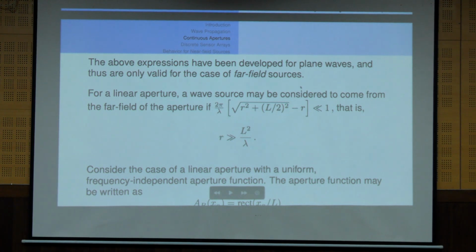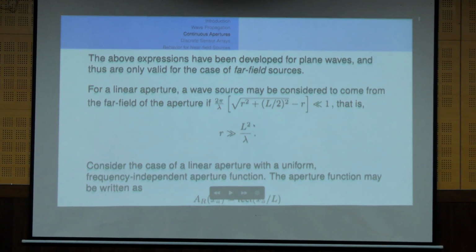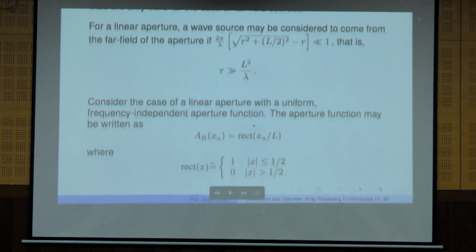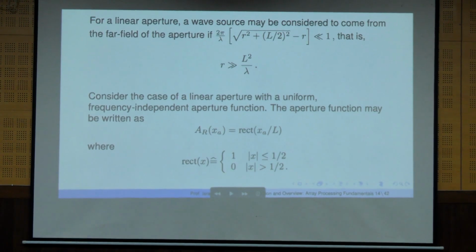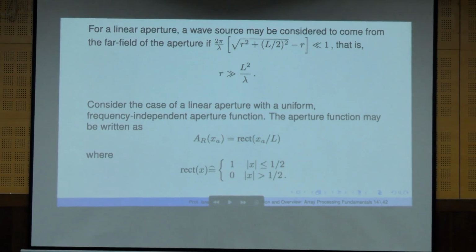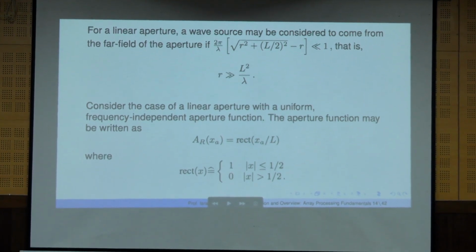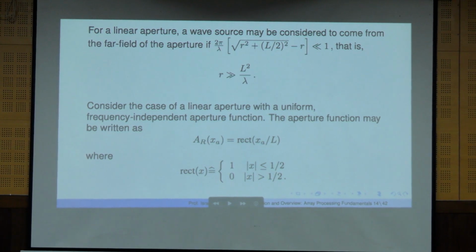Now, let's take, for example, a frequency-independent aperture function, like this. You see that the aperture function is independent of frequency. It means that no matter what the frequency is, it will translate the acoustic wave that hits that point R with the same reaction into an electrical signal.